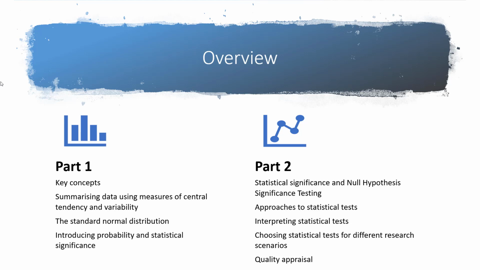We'll look briefly at how you can interpret statistical tests and how it's not just about statistical significance. And we'll look briefly at the ways that you choose between different approaches to statistical testing in different research scenarios. And finally, a little bit about quality appraisal in research using statistics.